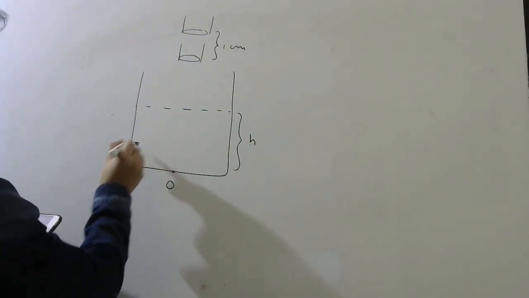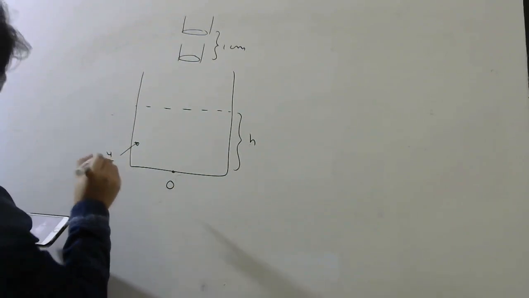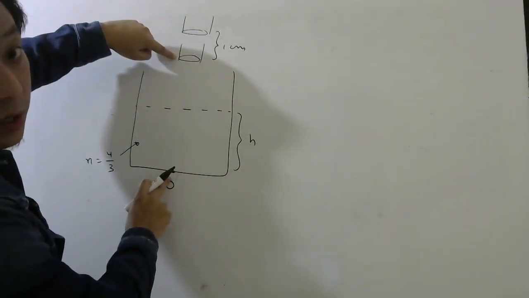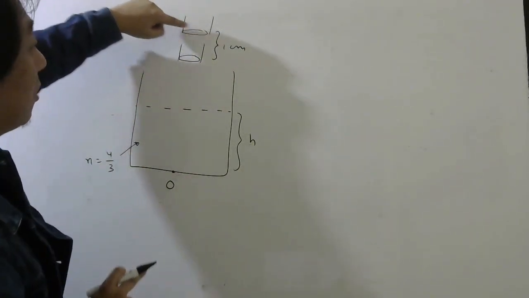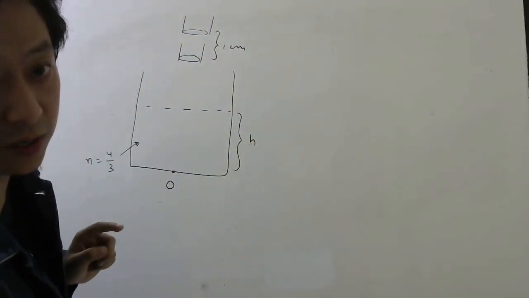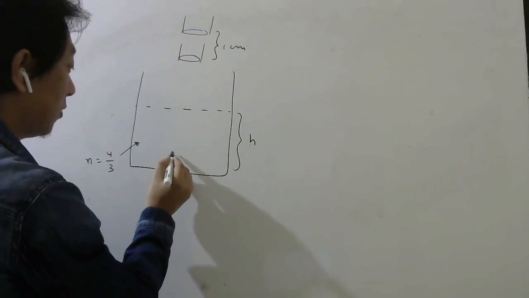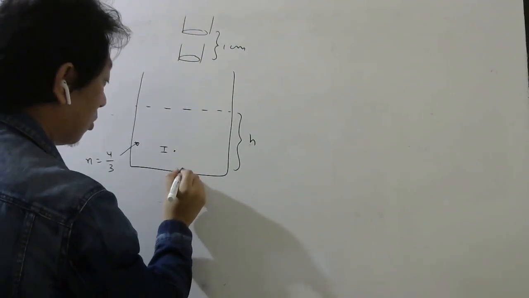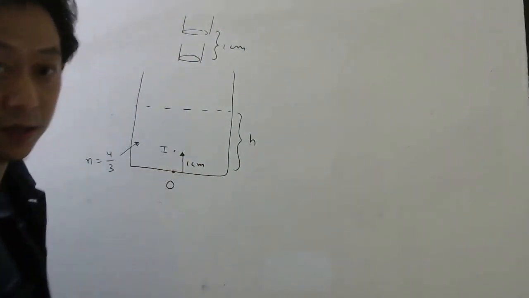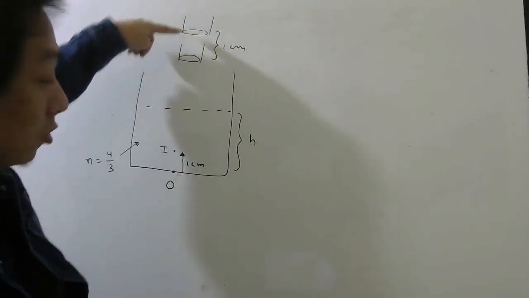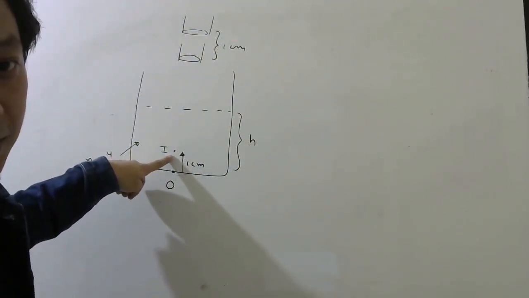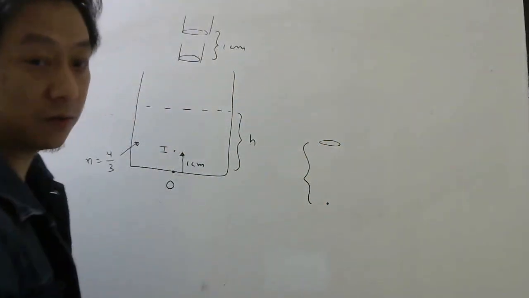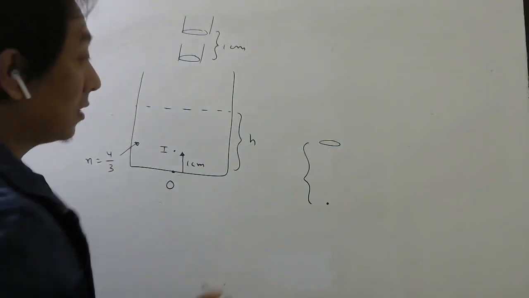So refractive index is 4/3. Now look here. Before, he was focusing only at the bottom of the container. He has shifted by 1 centimeter, so it will not be focused now. If you put water, image of this will shift upwards. Now since you moved by 1 centimeter, if this also shifts by 1 centimeter, then in this second position you will be able to focus at the image. Understood or not? So before, this was where the focusing was done.